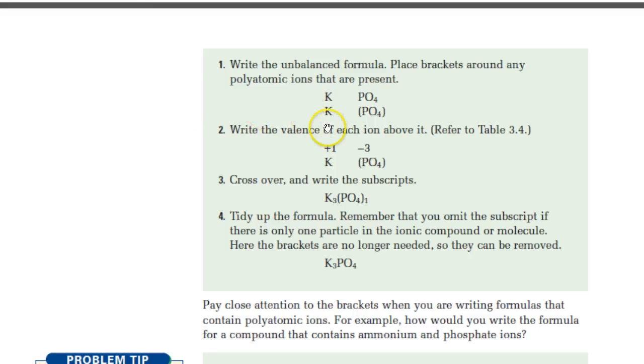So we start off with the unbalanced formula, K and PO4, and the recommendation is to put brackets around the polyatomic ions so that you remember that they cluster together. And then above each of the ions, write its valence. So potassium is +1, phosphate is -3, and then do your crisscross and write the subscripts. K3, PO4, 1. But we don't need to write 1, so we just write K3PO4.